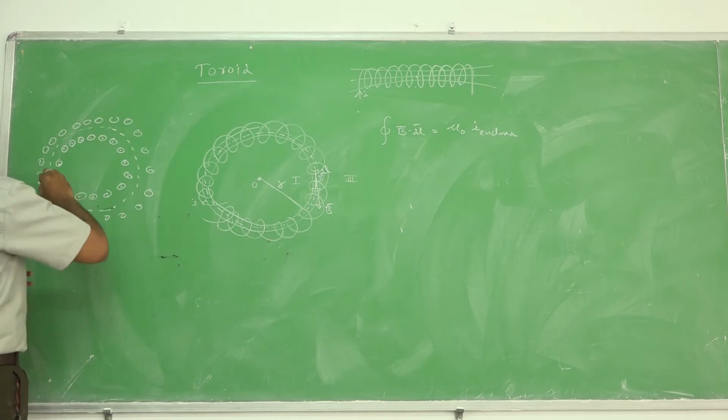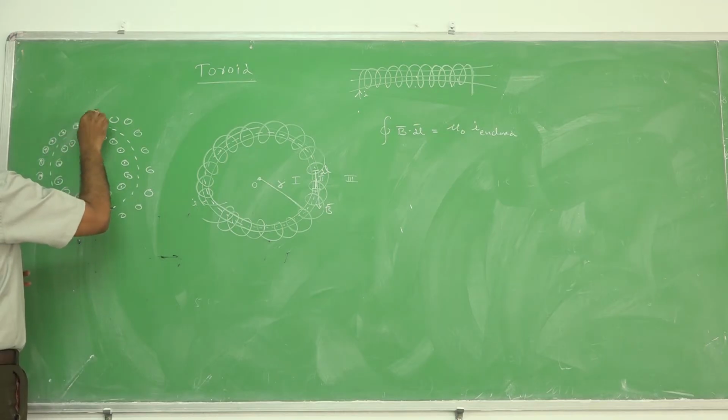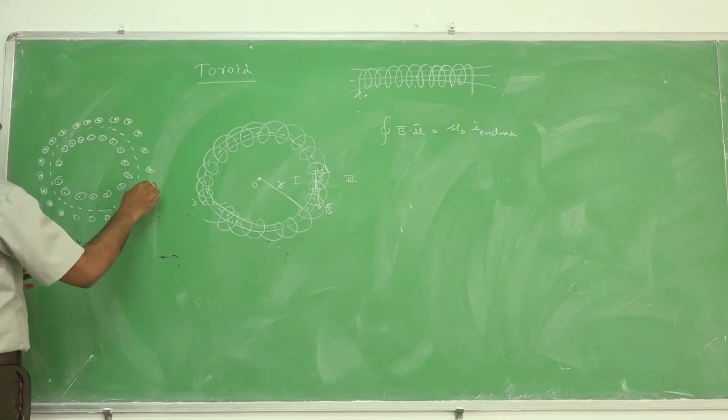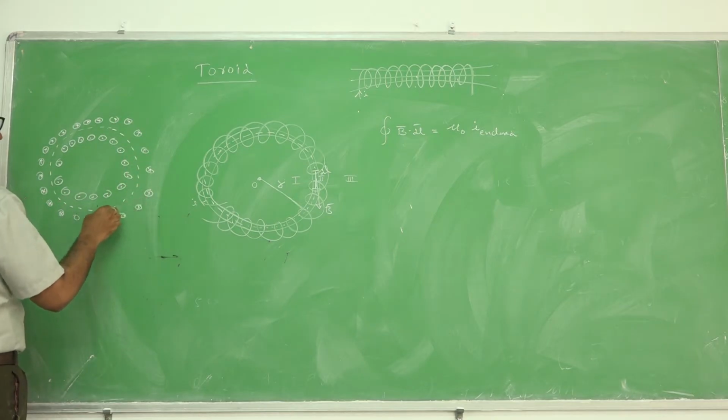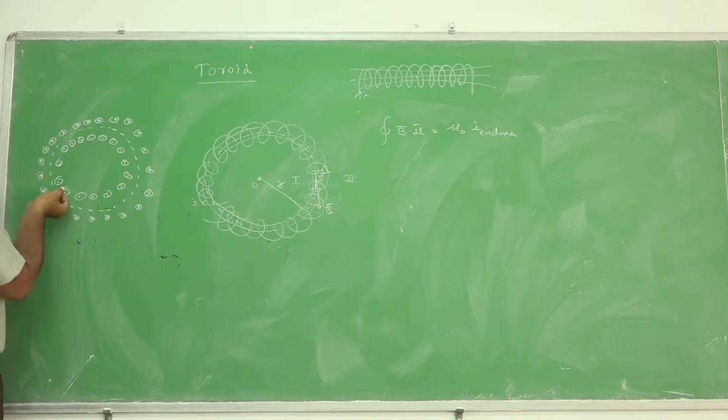So through the outer cross sections, current is going into the paper. The same current is coming out of the paper at the inner cross sections. Suppose I is the current going into the paper here. The same current in turn is coming outside like this.